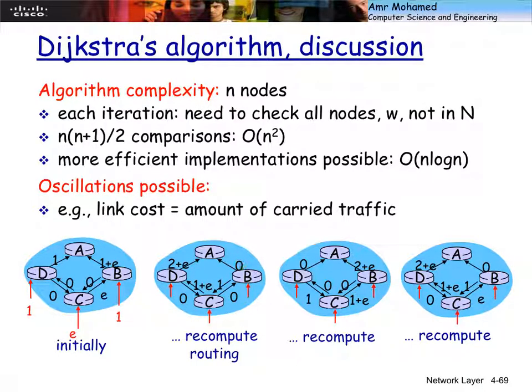So the new costs will become, B will send to this branch, so this branch cost will be 1, this branch cost will be 1 plus E, and this branch cost will be 2 plus E. Okay? So it's as if all will switch to using clockwise.